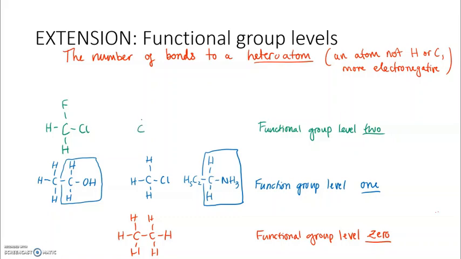Similarly, this could be achieved by having a double bond to one heteroatom. So this would also fit within a functional group level of 2. You effectively have 2 bonds to a heteroatom through a double bond to that heteroatom.